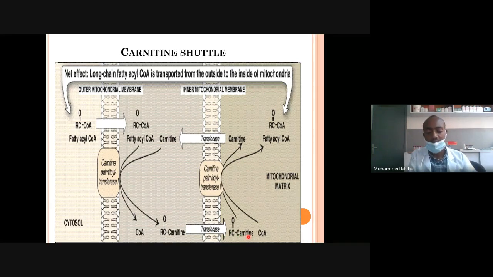Once in the matrix, the second enzyme, carnitine acyl transferase 2, will remove carnitine and add coenzyme A. Carnitine returns to the intermembrane space of mitochondria to have the next transport of fatty acid. This occurs frequently as long as we have fatty acid. So this is how it is transported into the matrix.